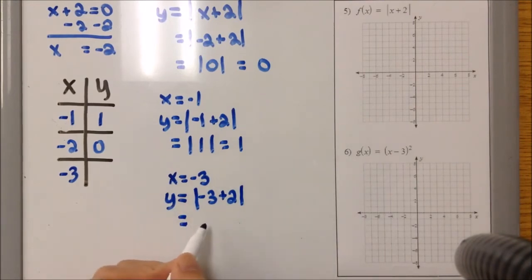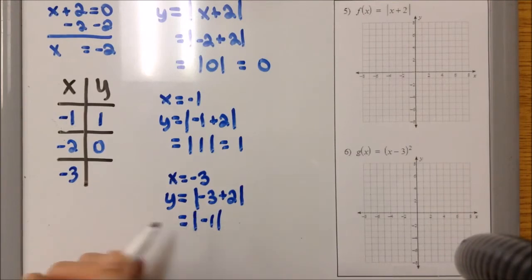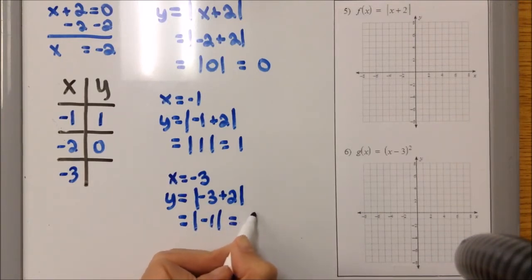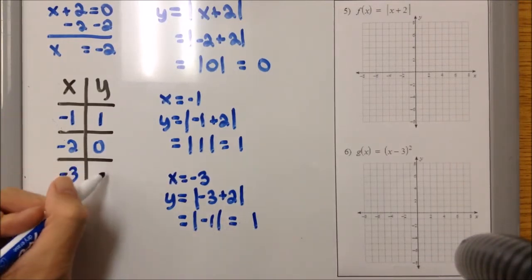Now -3 plus 2, that's going to be -1. So the absolute value of -1, again, absolute value makes the inside number become positive. So since it's -1, the absolute value of it should be 1.